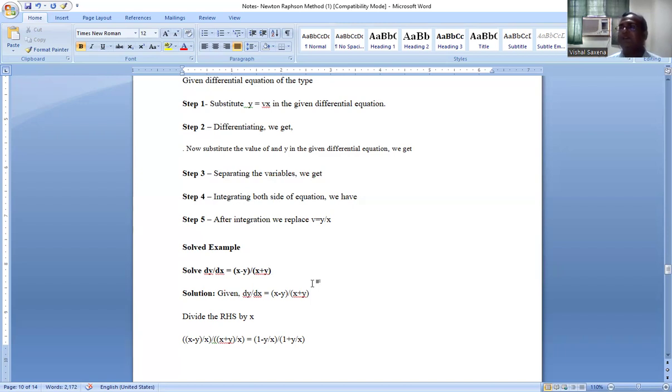So ultimately, the right hand side term is a homogeneous function with degree 0, and in the same way the left hand side term is again a homogeneous function with degree 0.